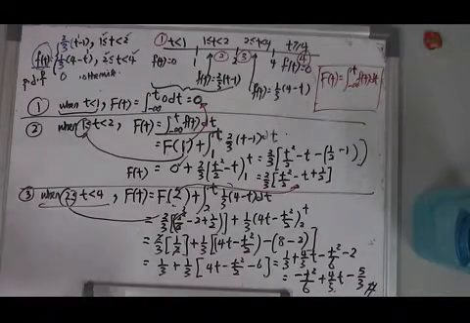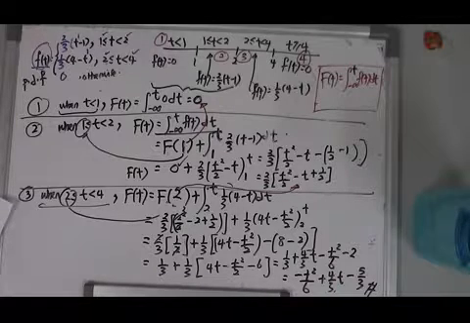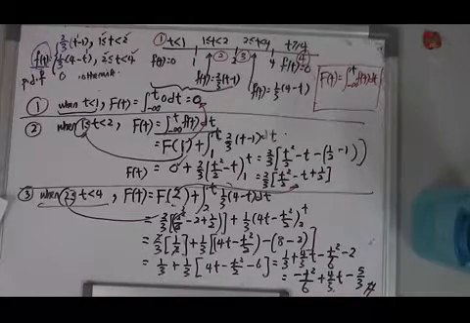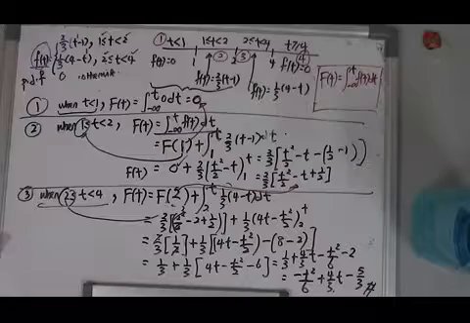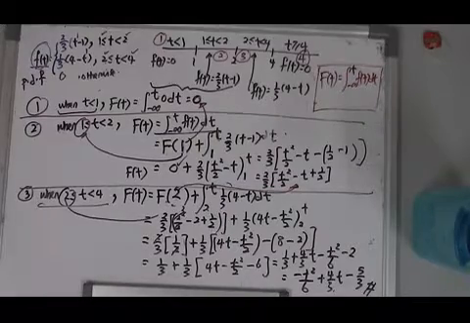So let me record first what is your ft. For t less than 1, ft equals 0. When t is between 1 and 2, ft will be 2 over 3 times t squared over 2 minus t plus 1 over 2.